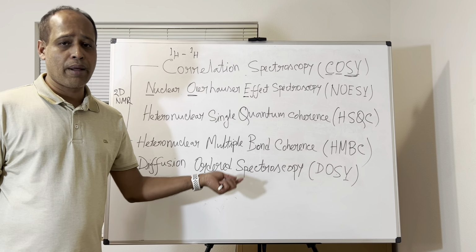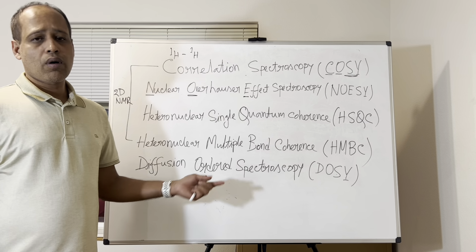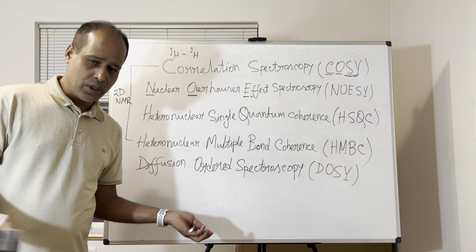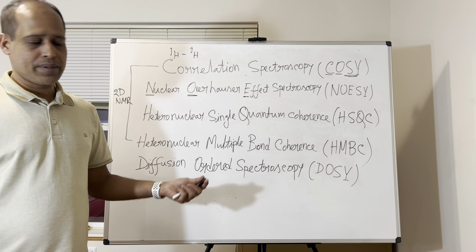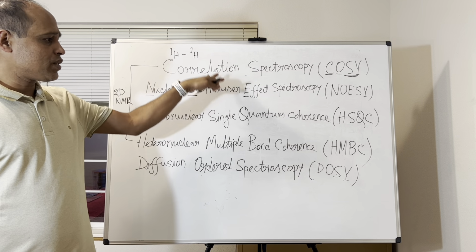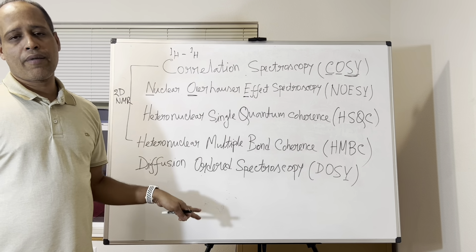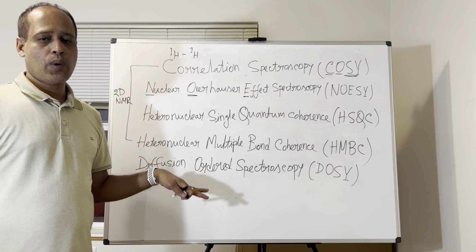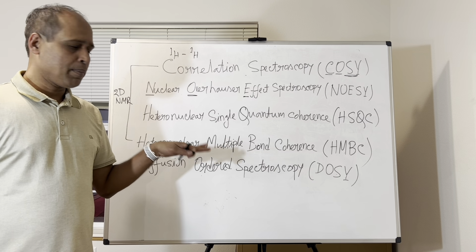So DOSY NMR is also a kind of 2D NMR, but it is not really called 2D, although some people say so. That's why I'm showing that these five NMR experiments are very important tools for determining chemical structure and different parameters.